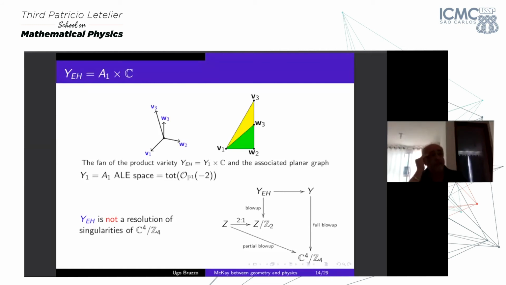An aspect which relates our finite subgroups of SL2C to quivers and to linking diagrams of simple Lie algebras. And on the other side, we saw correspondence between these structures and the structure of the exceptional divisor of the resolution singularities.